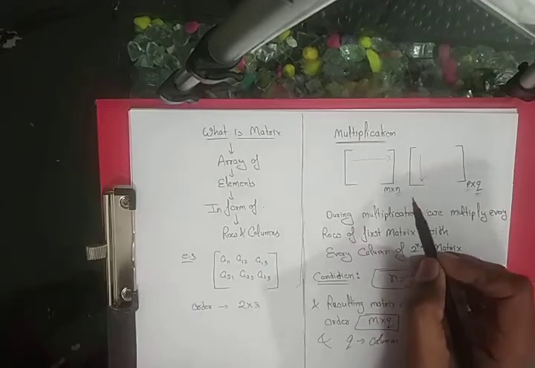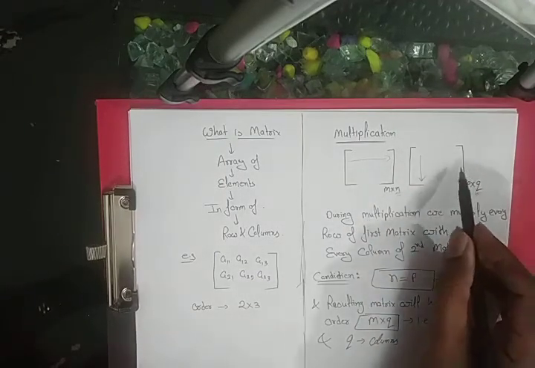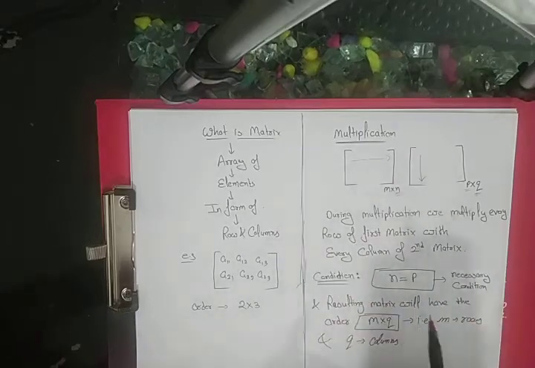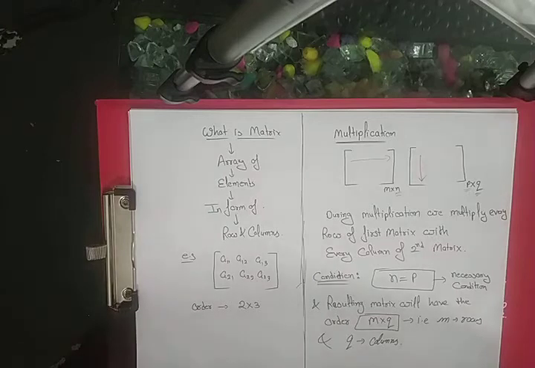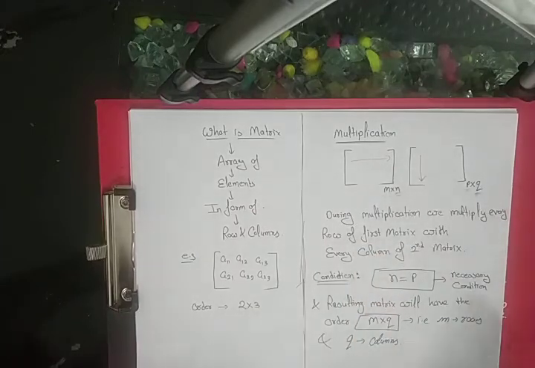Here n represents the number of columns of the first matrix and p represents the number of rows of the second matrix, and these two should be equal, that is n equals p. That means columns of the first should be equal to rows of the second. And after multiplication, we get another matrix whose order will be m into q.